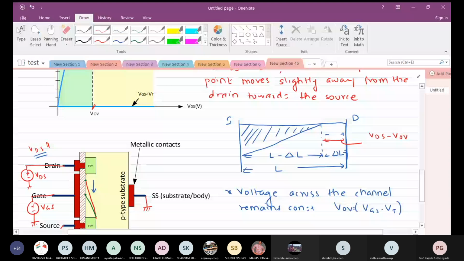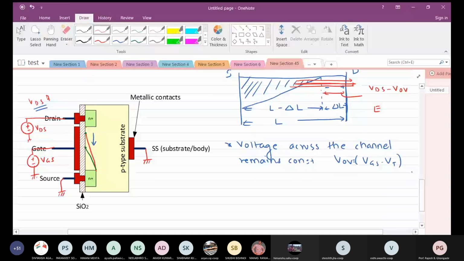Now this voltage, we have already seen, creates a very high electric field, and the electrons are swept into the drain. So the drain current does continue even after pinch-off. This is what we have already seen.